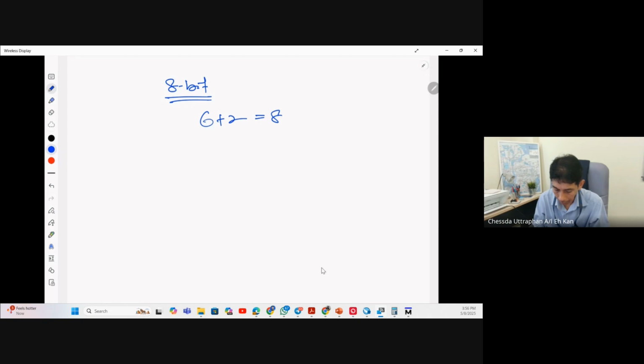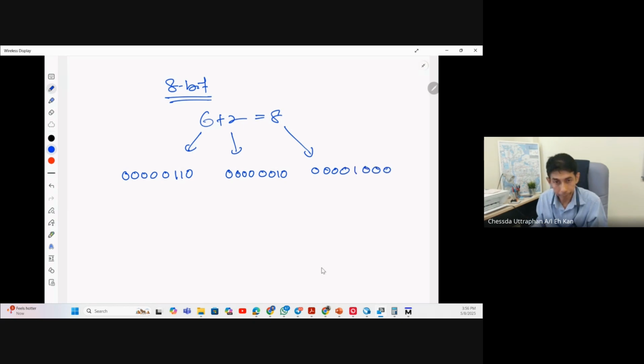6 in 8-bit will be 0, 0, 0, 0, 0, 1, 1, 0. So this is 6. Number 2 is 0, 0, 0, 0, 0, 0, 1, 0, which is positive 2. Number 8 is 0, 0, 0, 0, 1, 0, 0, 0.